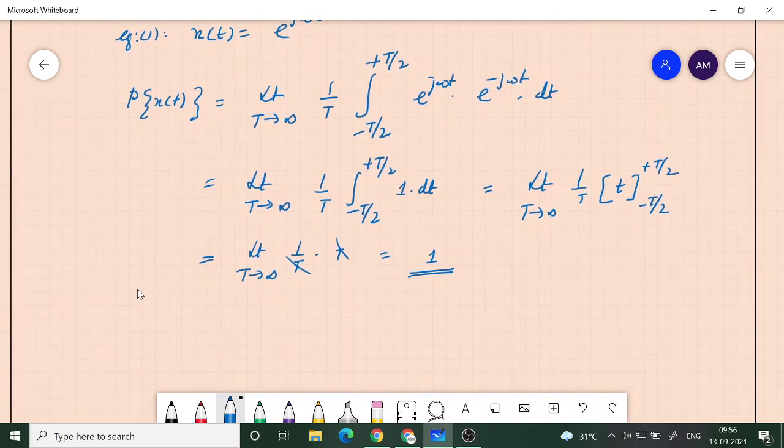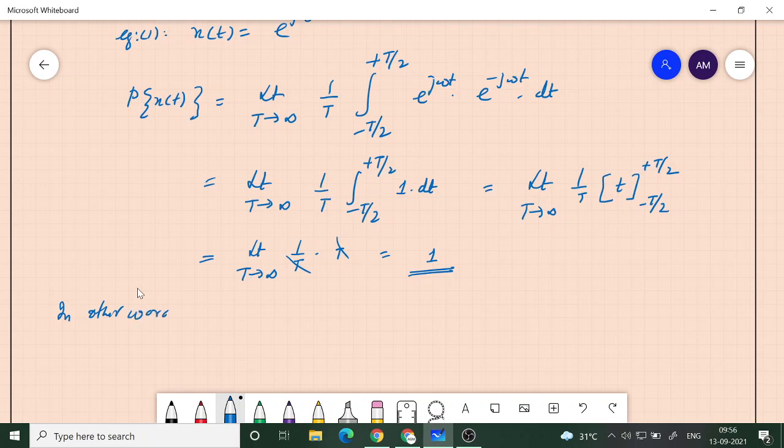Because we are dividing by T, the time average of energy is power.